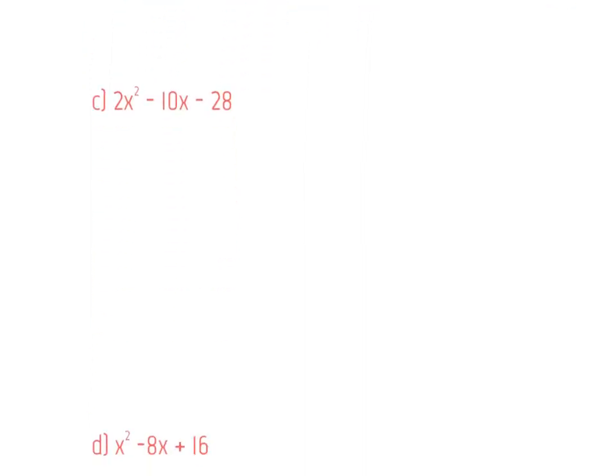Right. Over here again, before looking at the factors of 28, I have this 2 at the front. So there's a common factor of 2 that I need to take out. If I take out the common factor of 2, I'm left with x squared. Now 2 times something should give me minus 10x, that's minus 5x, and 2 times something should give me minus 28, that's minus 14.